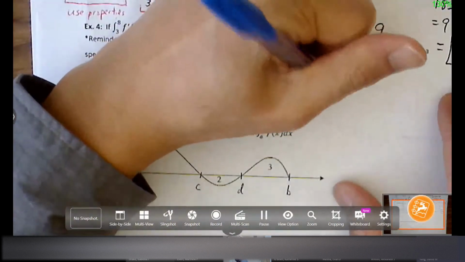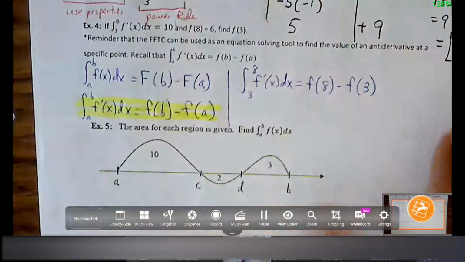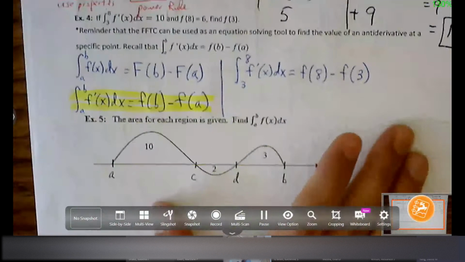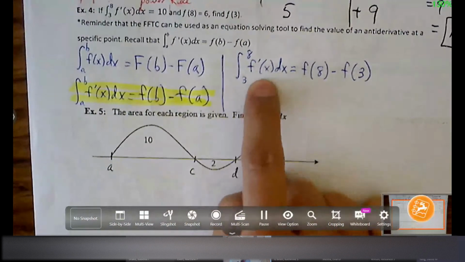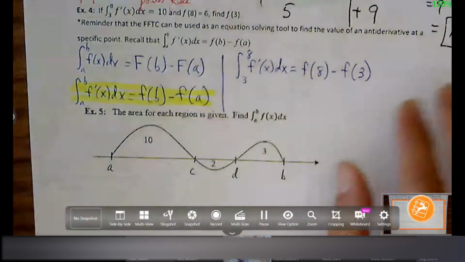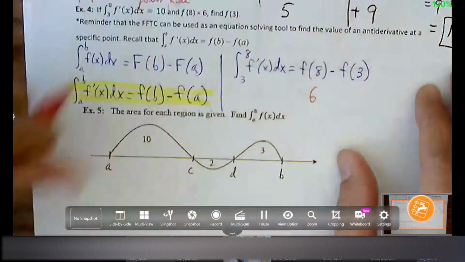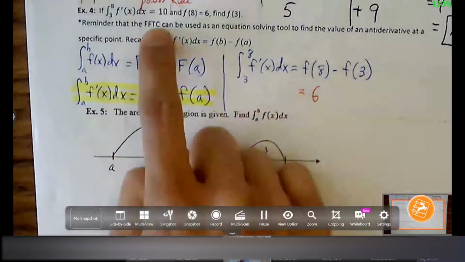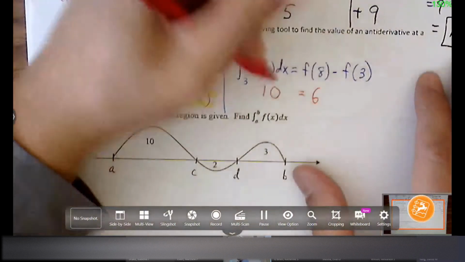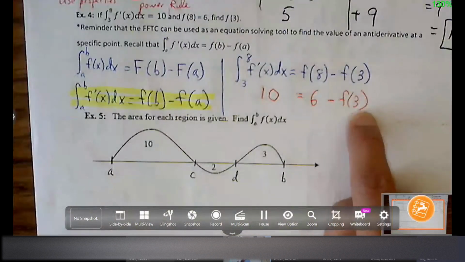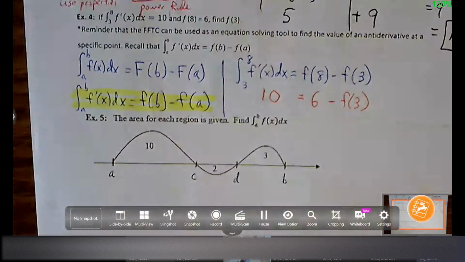Now that we have an equation that is more specific to what we're given, we can look to make some substitutions, right? What can I replace the integral from 3 to 8 of f prime with? f of 8 is 6. Okay, f of 8 is 6. What about this piece right here? That's 10, right? So I'm going to make that substitution. Now I'm in the clear because the only information that's left is f of 3. I can solve for f of 3, and that's what the problem is asking for.